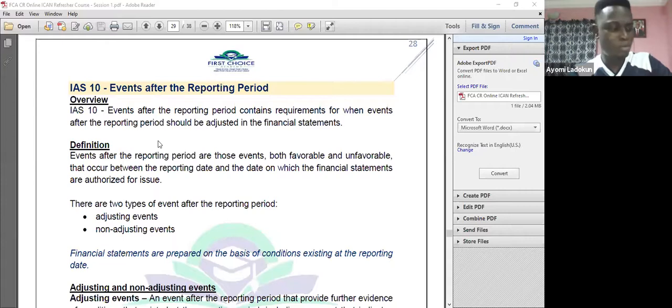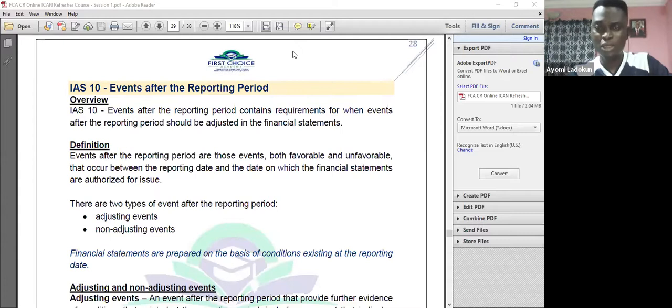The last time we met, we talked about impairment of assets, and I think we should be able to handle questions around impairment and cash generating units as well.